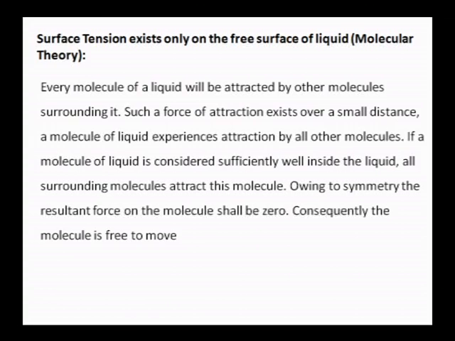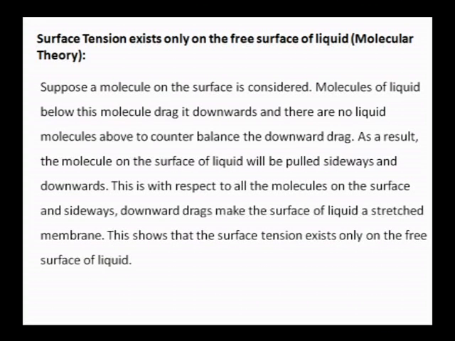If a molecule of a liquid is considered sufficiently well inside the liquid, all surrounding molecules attract this molecule. Owing to symmetry, the resultant force on the molecule shall be 0. Consequently, the molecule is free to move. Suppose a molecule on the surface is considered. Molecules of liquid below this molecule drag it downwards, and there are no liquid molecules above to counterbalance the downward drag.